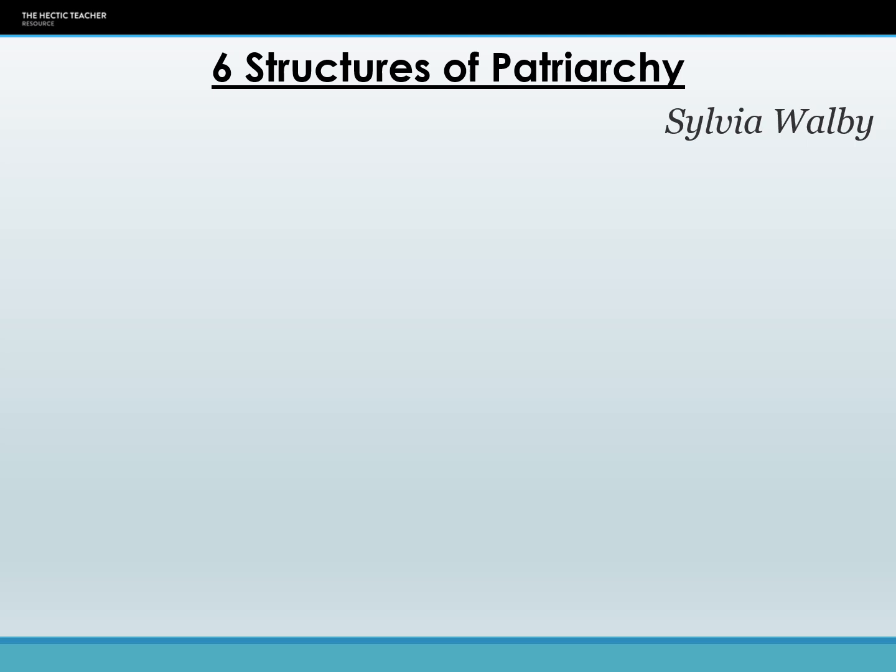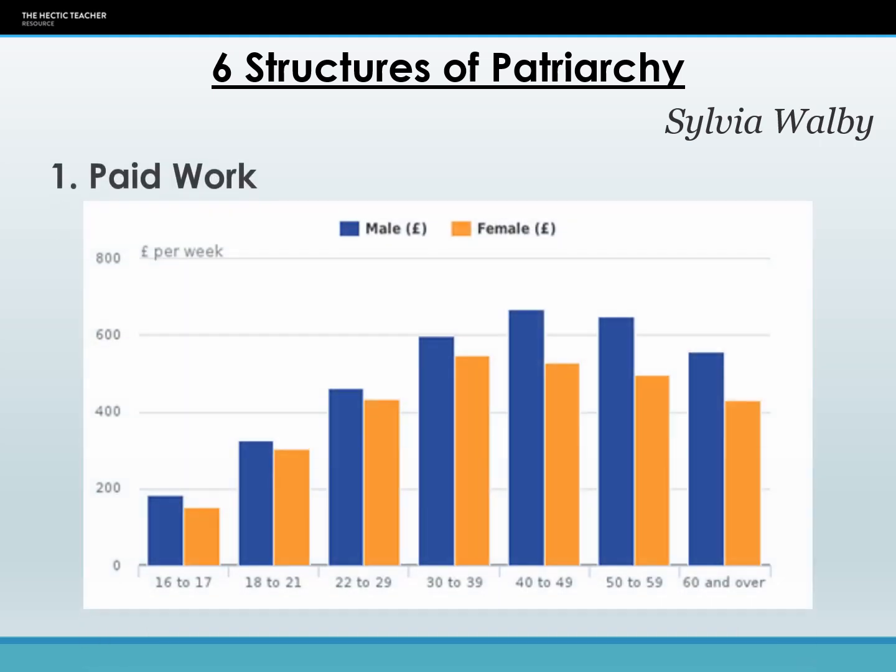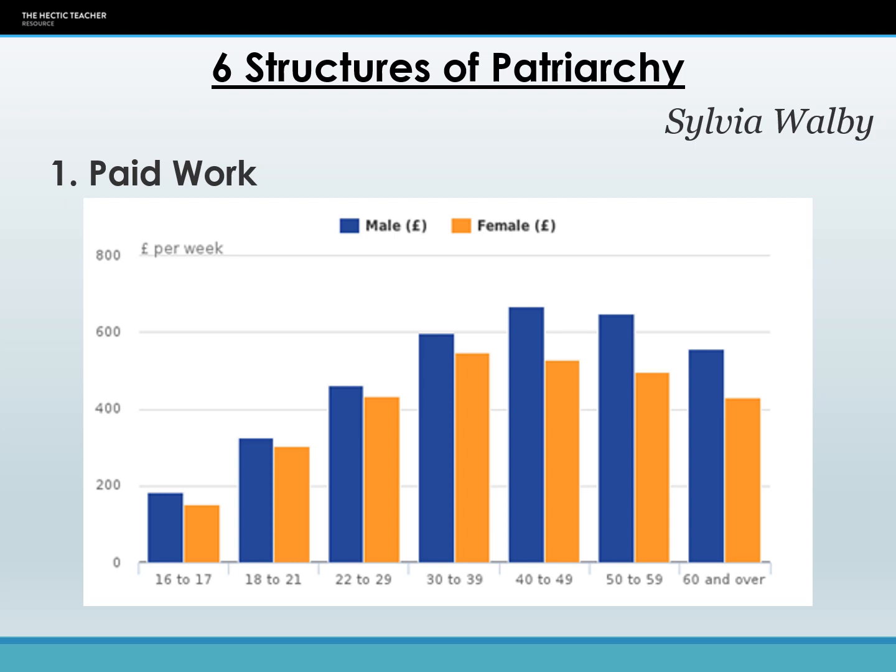So we're going to talk here about the work of Sylvia Walby. And Sylvia Walby identified 6 structures of patriarchy, so 6 ways that society dominates, oppresses, and exploits women. The first one is an obvious one: paid work.